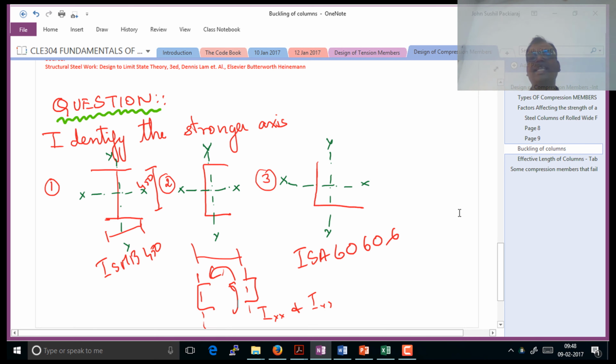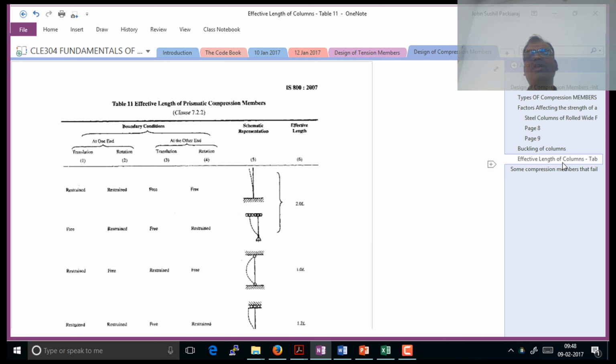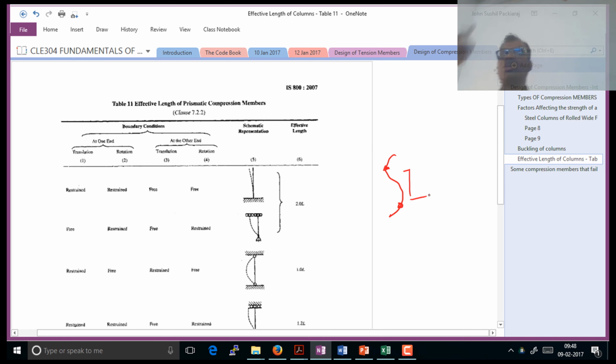The last thing I'd like to say is, there's a concept of effective length. What is this effective length? It is, in my language, the distance between 2 points of contraflexure in a column.